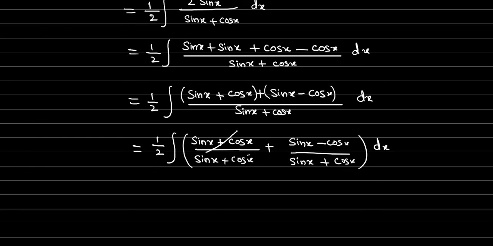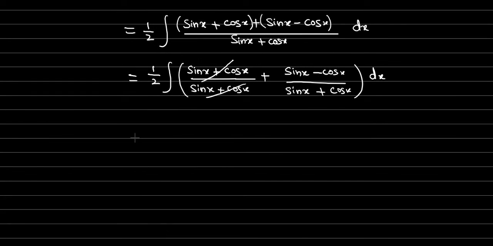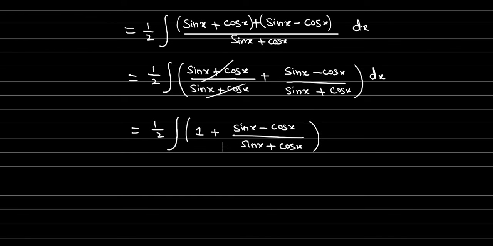Now this term will get cancelled. Now what we have is 1 by 2 integral 1 plus sin x minus cos x by sin x plus cos x dx. Integration is applicable for 1 as well as for this term.